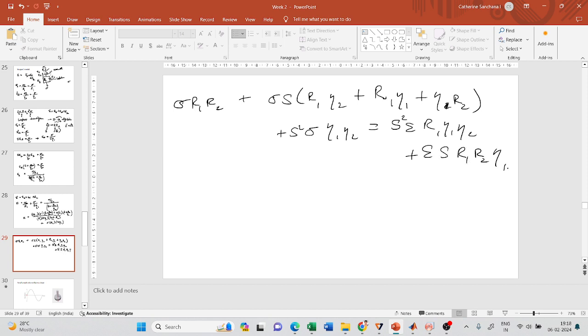Okay. Now, to get the final equation which Sir showed, okay, you have to divide it by R1, R2.